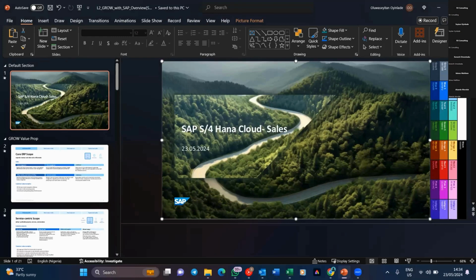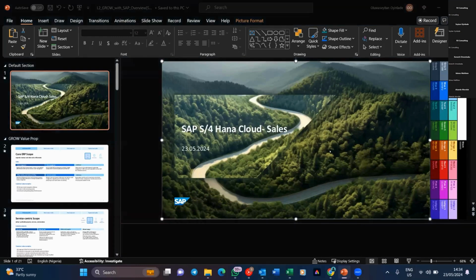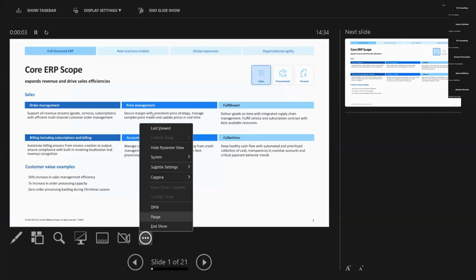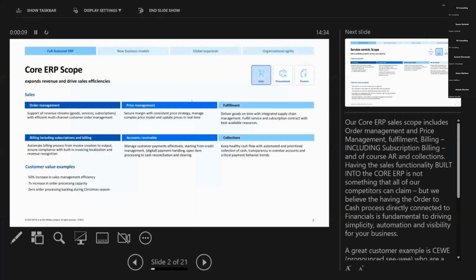All right, so my name is Shaiton, and quickly I'm going to be talking about the sales line of business in SAP S/4HANA Cloud, public cloud. For the sales part, we all understand that sales is very important to every organization, and SAP does not take the sales process lightly.